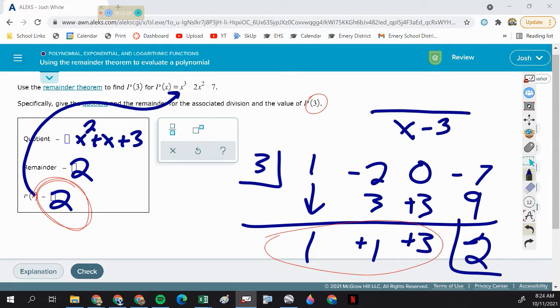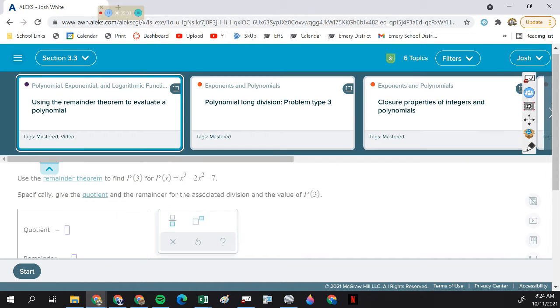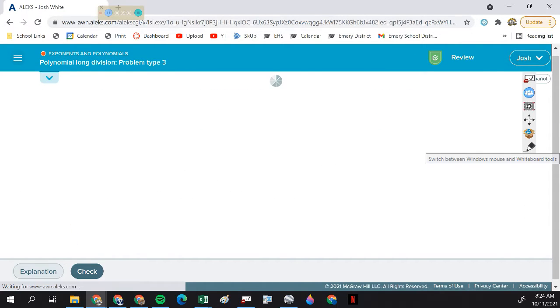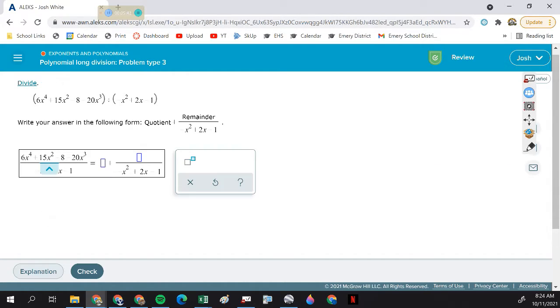Okay, and then the only other questions you have are just regular division. So let's do one of those. What do you notice about that polynomial? Two things we need to worry about.